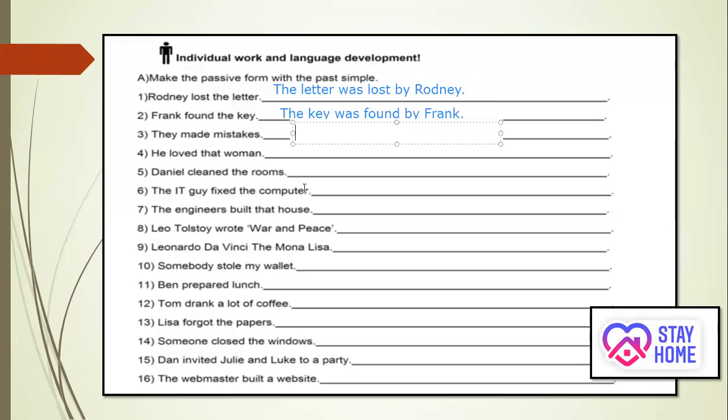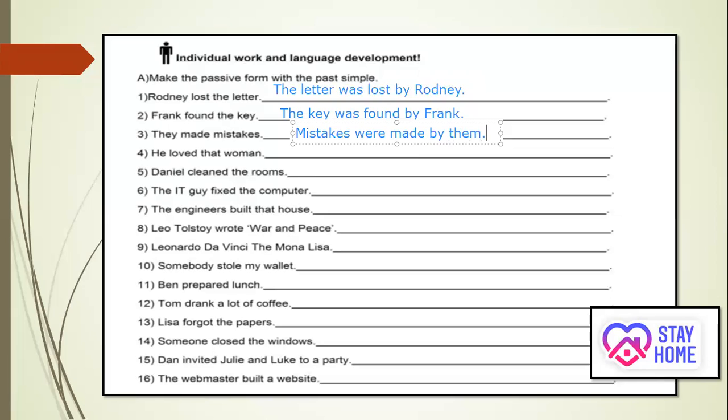Now we have mistakes because we have the plural of mistake. We use the verb to be in plural in past. Mistakes were made by, pay attention in here. If we are using the subject pronouns, we are going to use it like the object pronoun. Mistakes were made by them.